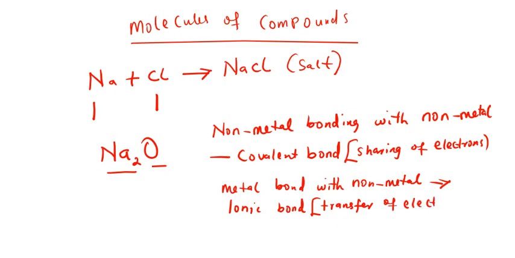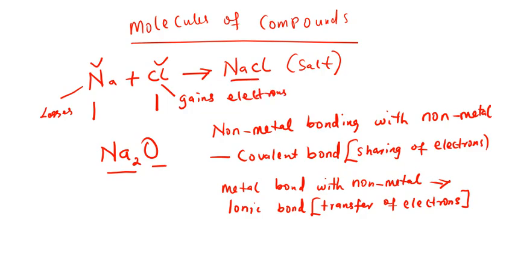Okay, like here, the case of sodium and chlorine. Sodium loses an electron and chlorine gains the electron, and they form what we call an ionic bond.